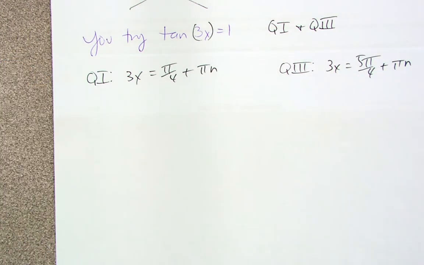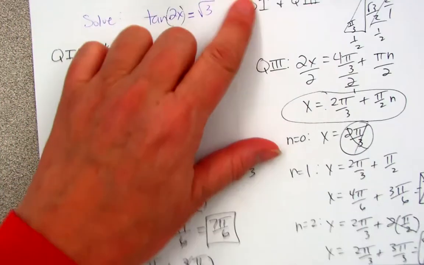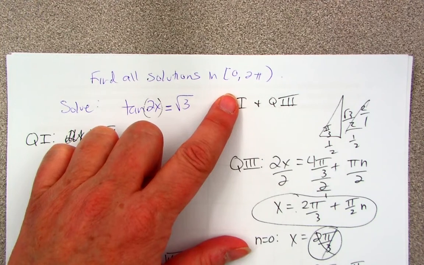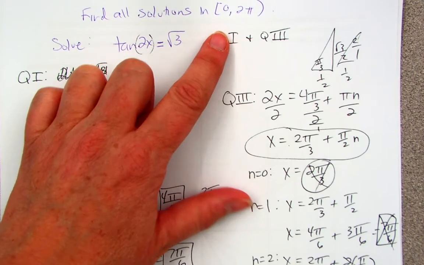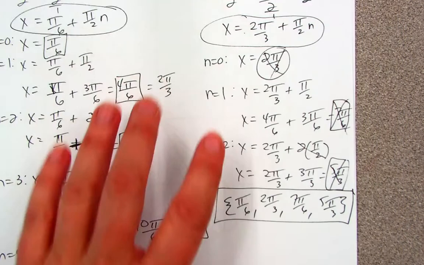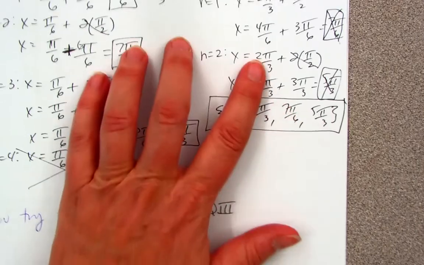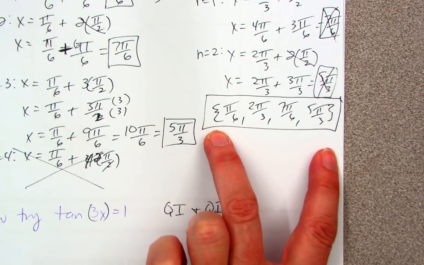From here, you just put in n is 0, n is 1, n is 2, n is 3, and every answer you check and see if it's within here. Stop once you go on the outside, or stop for tangent on repetition and write out the single answers.